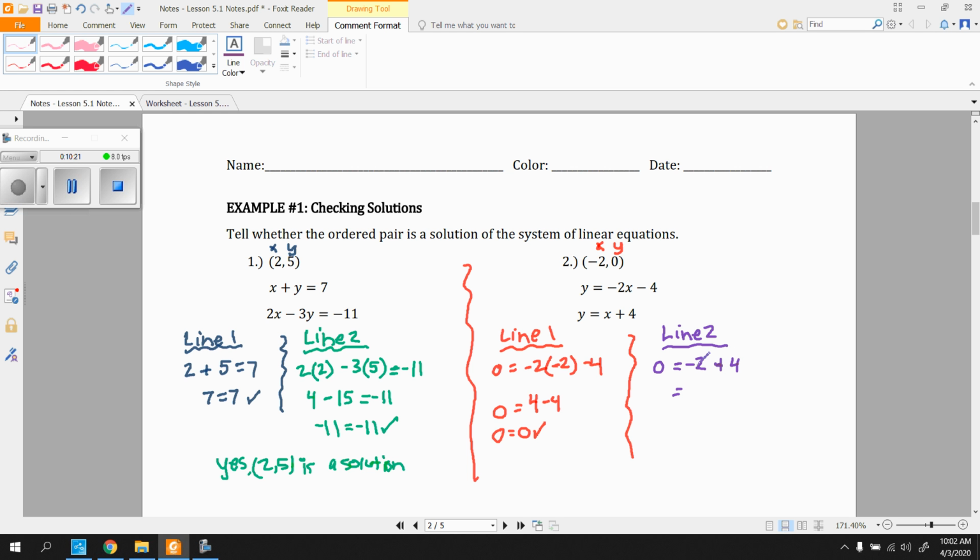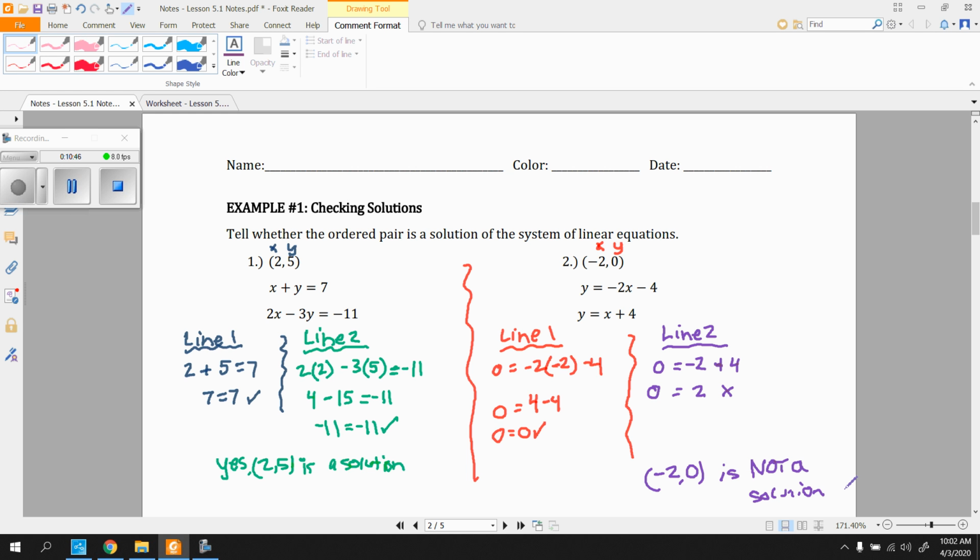So I do the right side, -2 plus 4 is 2. Uh-oh, 0 does not equal 2. This is not true. Therefore, we have to say that -2, 0 is not a solution.